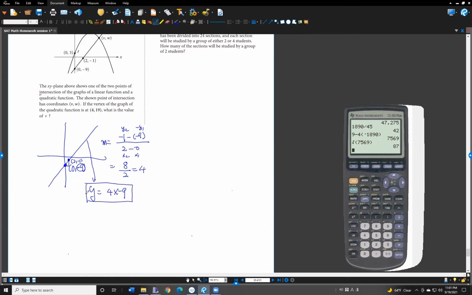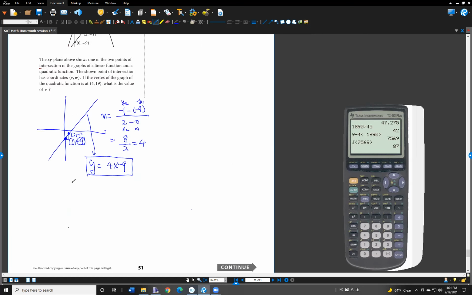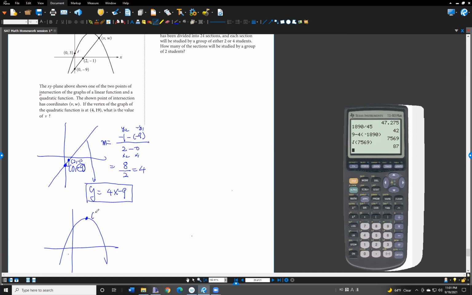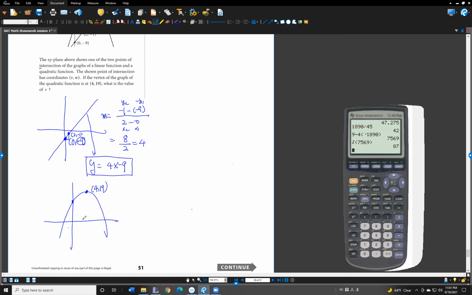Okay. Now, how do we find the equation of this curve? Vertex form. The vertex is given, the vertex is 4 and 19. And we need one more point, because we need to find the scale factor, which makes the graph narrower or wider, okay?